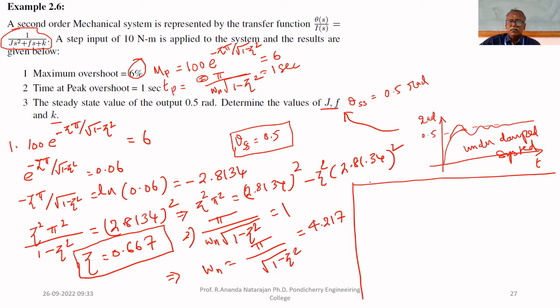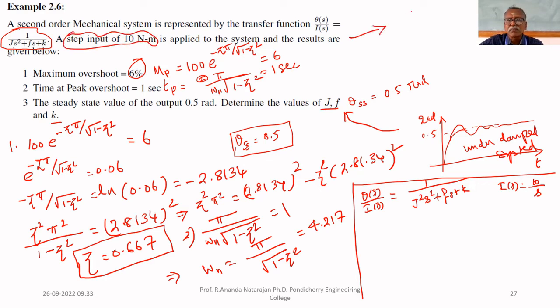It is given that theta of S upon I of S equal to 1 upon J S square plus F S plus K. I of S is given. I of S equal to what? I of S equal to 10 upon S, because it is a step input. If we take the Laplace transform of that step input, you will get 10 upon S. Therefore, I of S equal to 10 upon S.